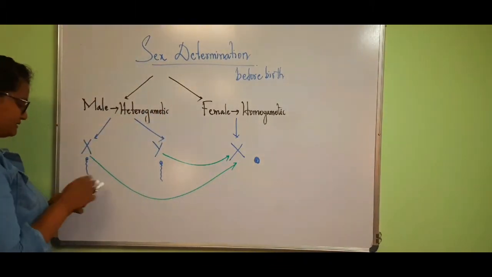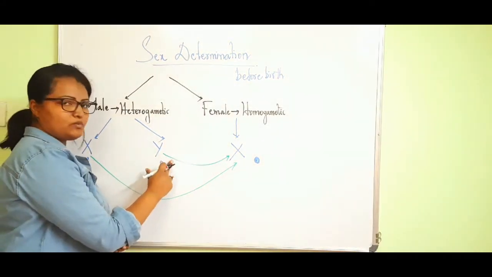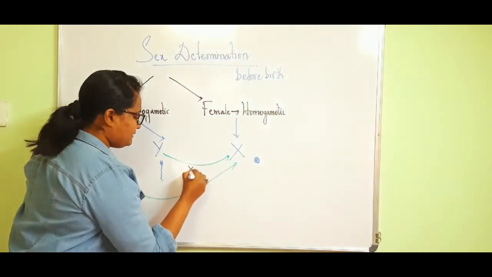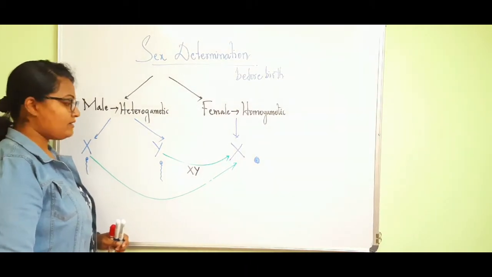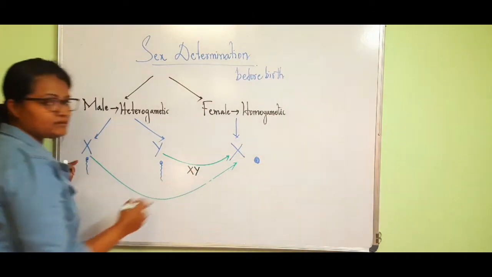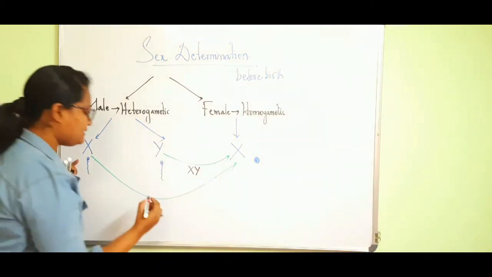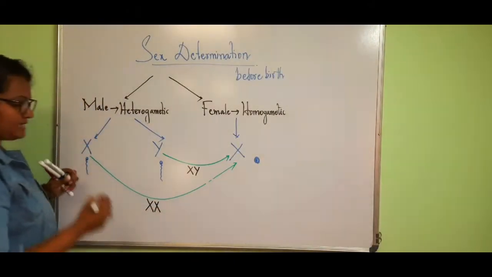What happens if the sperm containing the Y chromosome fuses with the egg? Then the offspring is XY. If the sperm containing X fuses with the egg, then the zygote is XX.